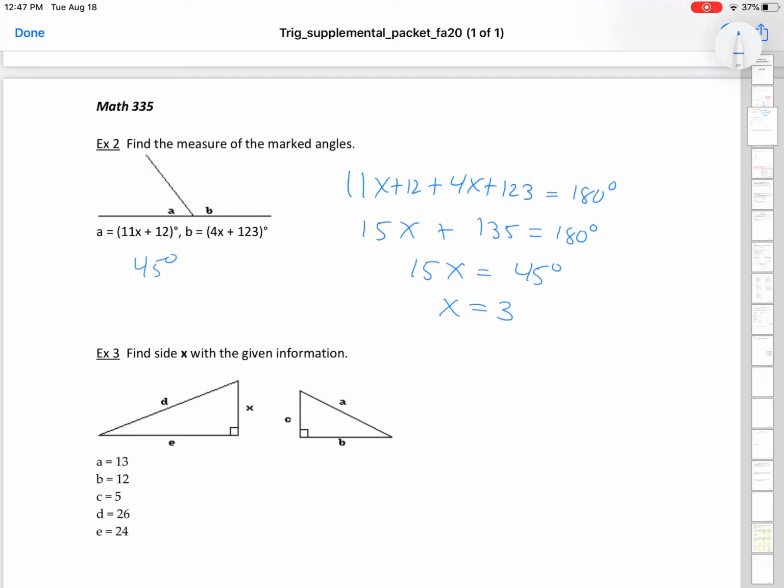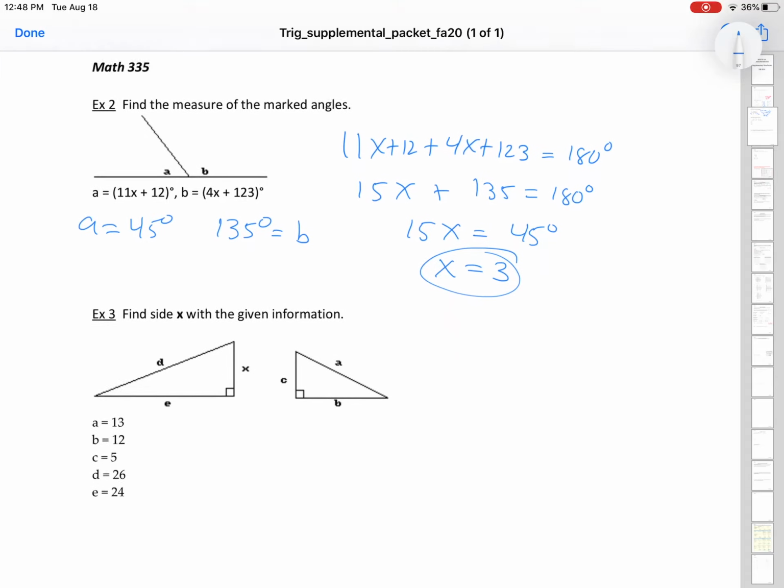And we're going to take 4 times 11 plus 123 to get 100 and, not 4 times 11, apologize. 4 times 3 should have been what I had, plus 123. I saw that answer, I'm like, that can't be right. For 135 degrees. I don't know where I got the 11 from, but x was 3. So A is 45 degrees, B is 135 degrees.